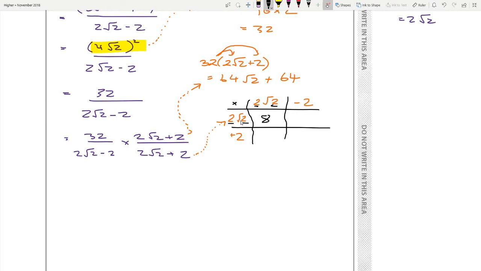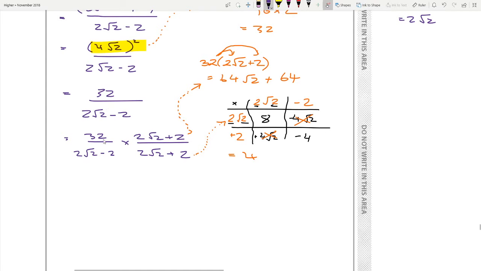And then minus 2 multiplied by 2 root 2 is going to be minus 4 root 2. And this one's going to be positive 4 root 2. And then 2 multiplied by negative 2 is minus 4. So what does that give us? That gives us 8. The minus 4 root 2 and the plus 4 root 2 cancel out. We're just left with 8 take away 4, which is just 4.